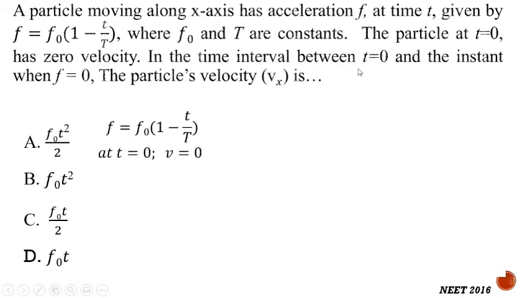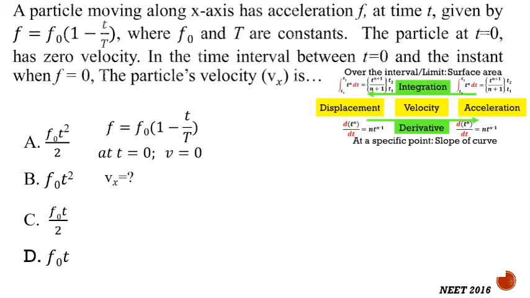In the time interval between t equal to 0 and the instant when acceleration is 0, the particle's velocity vx is. So we need to find out velocity. In this, acceleration is given to us and we need to find out velocity. That means we need to take the integration for this equation. Let us use this equation, and if you put acceleration equal to 0, you will get value for time t.